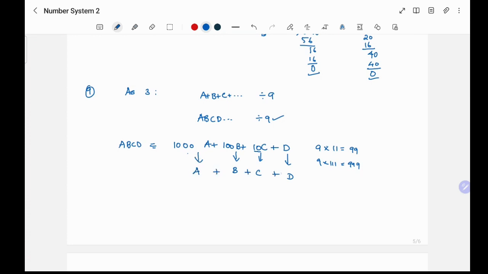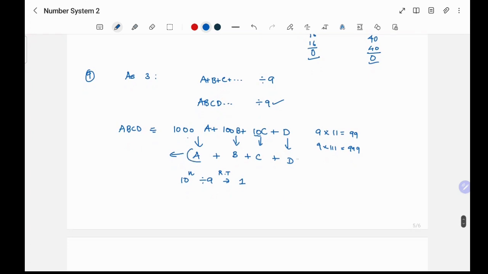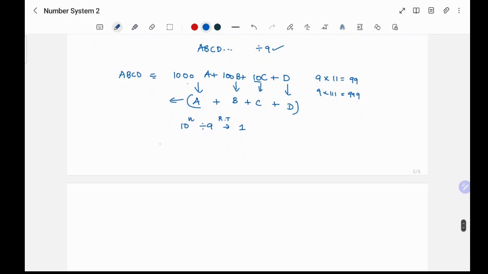So this gets converted to a plus b plus c plus d. This is also true for any higher powers of 10: when divided by 9, they leave a remainder of 1. So it is good enough to check just the sum of the digits for divisibility by 9. For example, I'll give you an easy example.